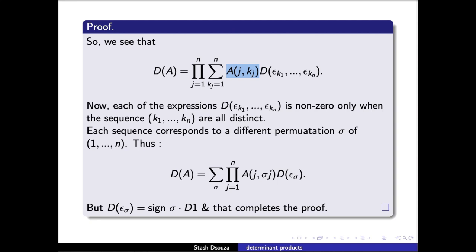Every single permutation of the list of n letters will give rise to a different sequence epsilon_k1 up to epsilon_kn, and that covers the entire sum.